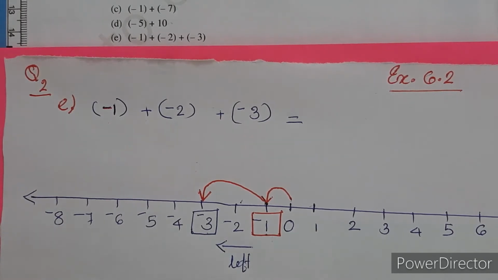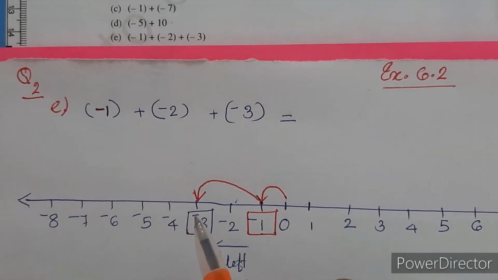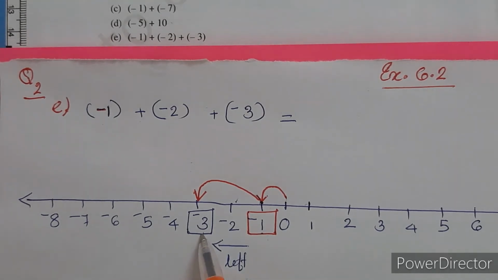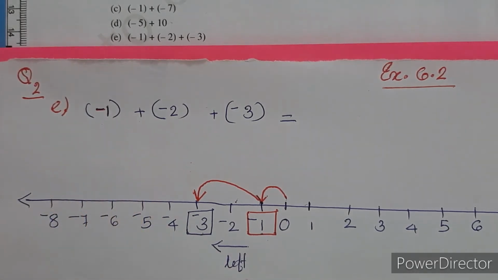Then we can add again minus 3 on the number line. Okay. So how will it add? Then we can move 3 points from the starting point. Minus 3 is the starting point after adding these two digits.